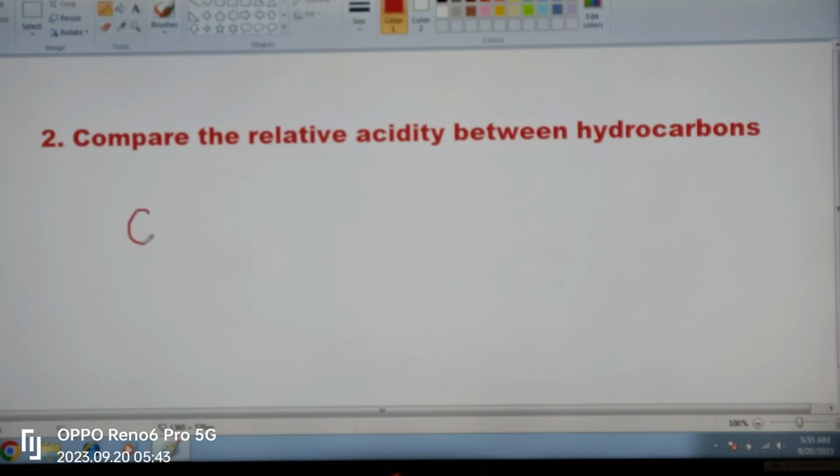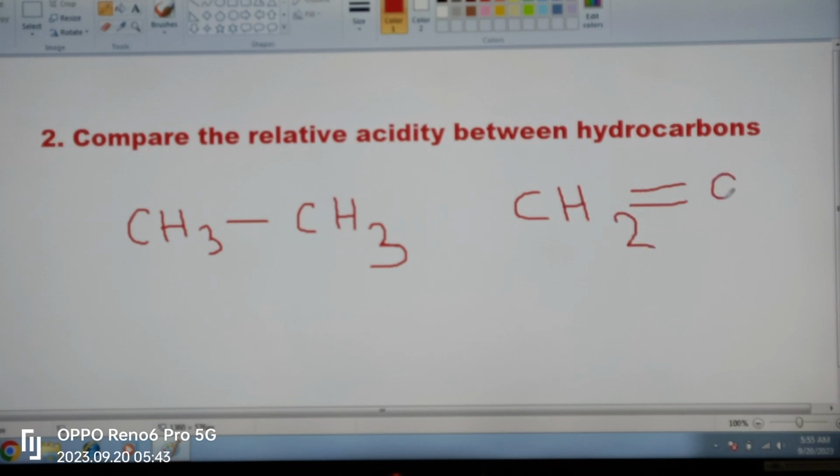In the case of alkane we are taking ethane. This is alkane. And in the case of unsaturated hydrocarbons we are taking ethylene and acetylene. So we have to determine the relative acidity of these three compounds.